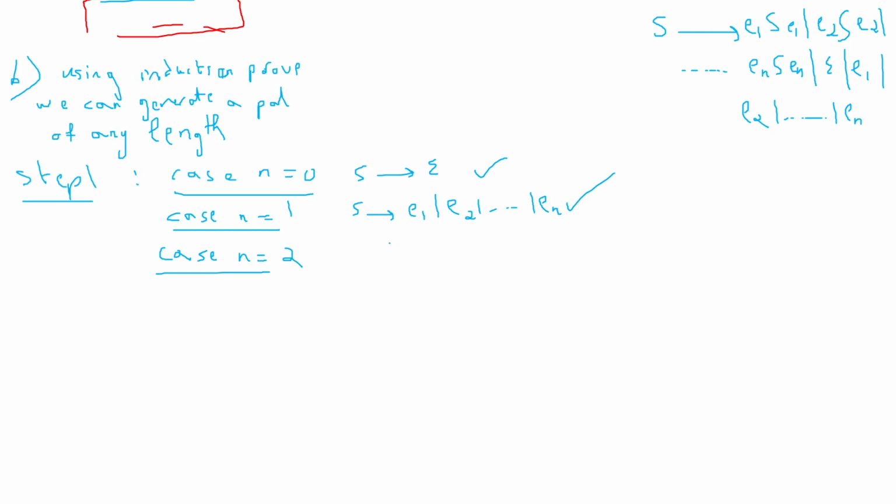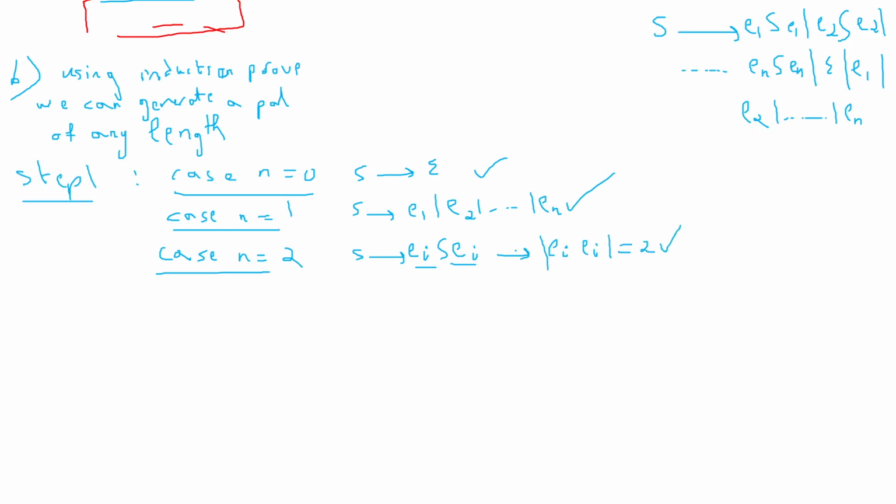Yes, I do. I simply first go S goes to some ei S ei, like some arbitrary character in my alphabet. Then I replace S with the epsilon, I'm left with ei ei, and the length of this is 2, so I'm done.